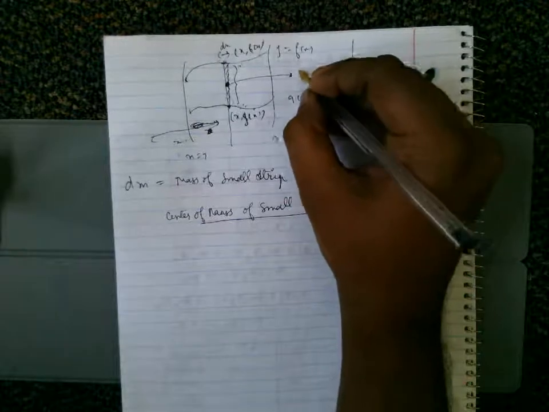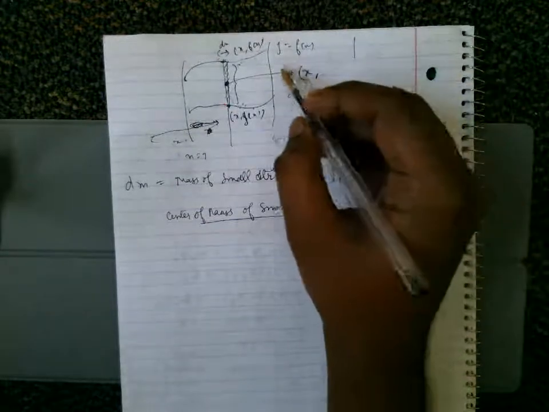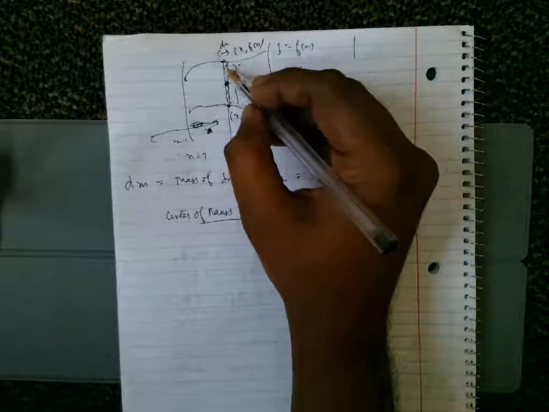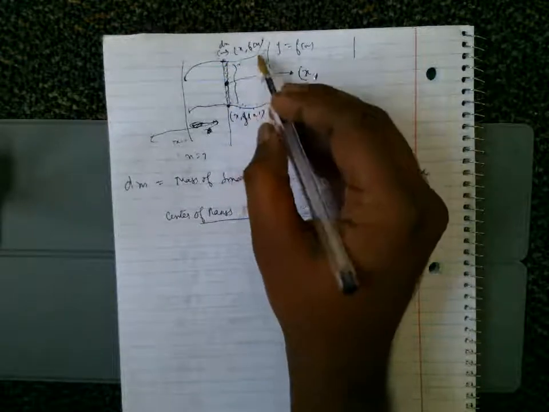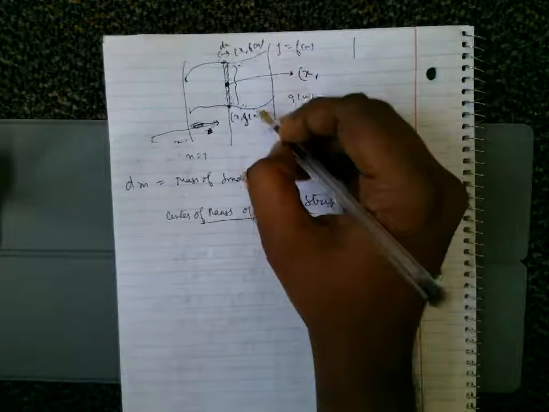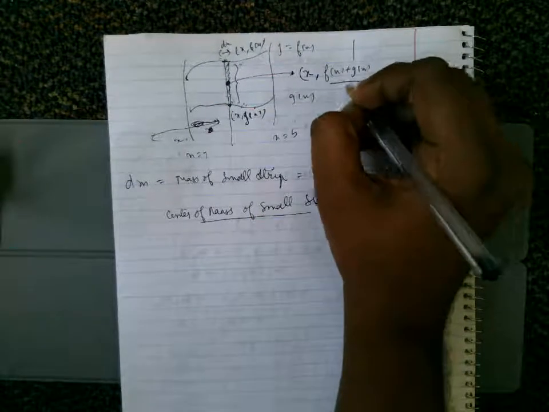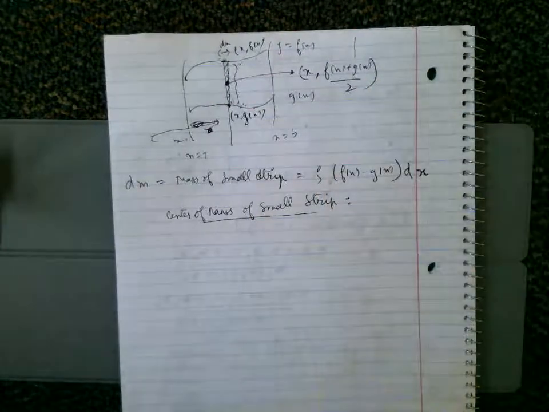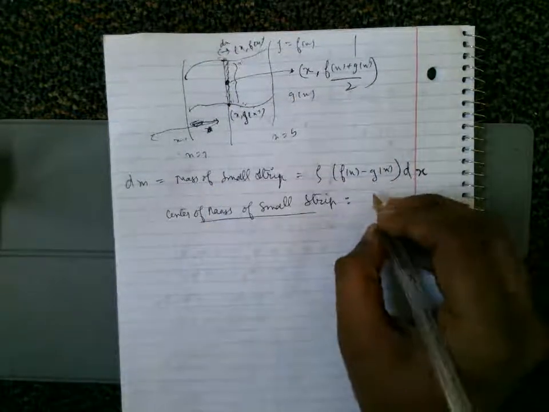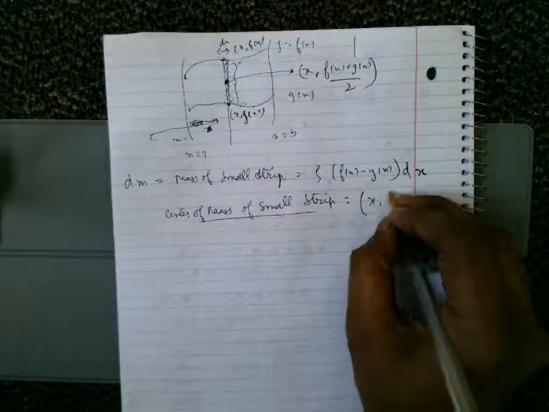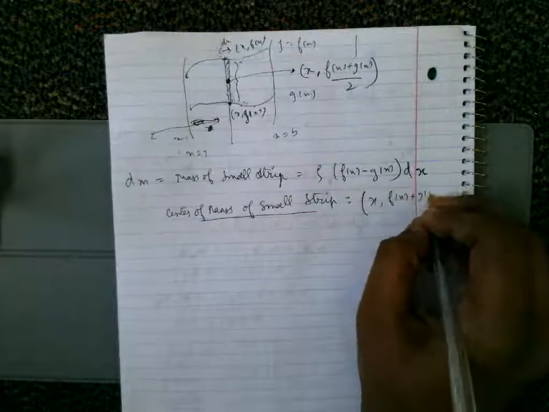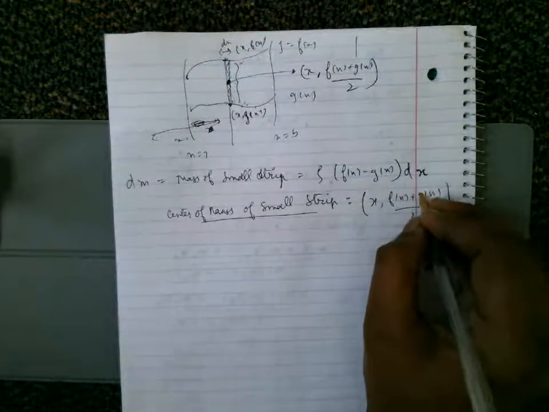Then the y coordinate will be the midpoint of this line segment, which is (f of x plus g of x) by 2. This is the y coordinate of the center of mass of this strip. So it is x comma (f of x plus g of x) by 2.